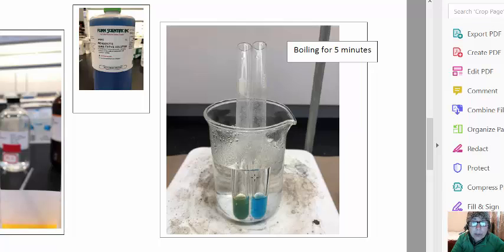So here, after the chemical is placed in a water bath for 5 minutes, if there is an aldehyde, then the Benedict's reagent will oxidize it, and the Benedict's reagent gets reduced and it forms an orange color. And so we can kind of see this changing of color, even though it's not completely orange yet, means that there is an aldehyde functional group in that chemical that's being tested.